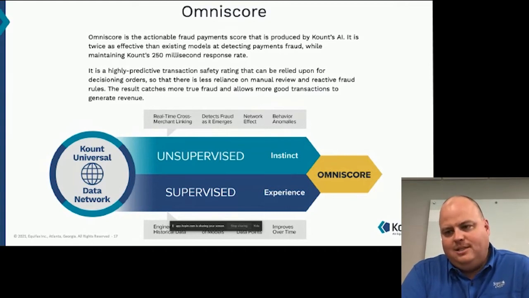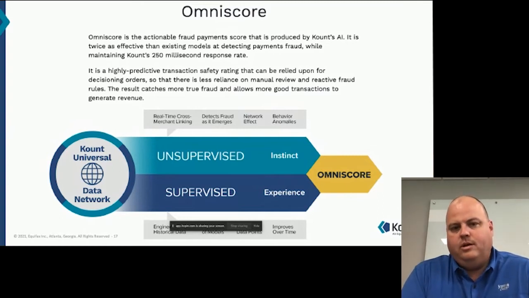Now, this wasn't easy. There were a tremendous number of technical challenges that we had to overcome in order to be able to build this score and do it within the 250 millisecond response time window that we have. So I don't want to act like this was just, and then we had an insight and the problem was solved. But this gave us motivation to put all of that work in to actually build this single OmniScore.